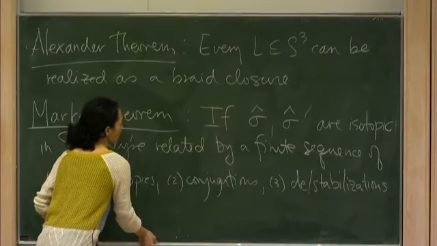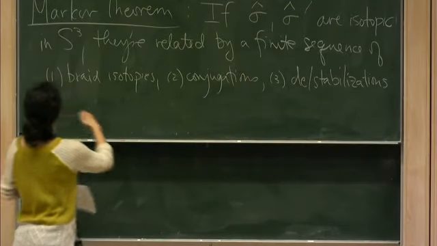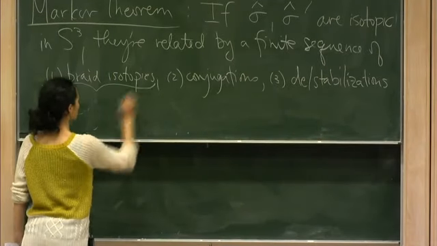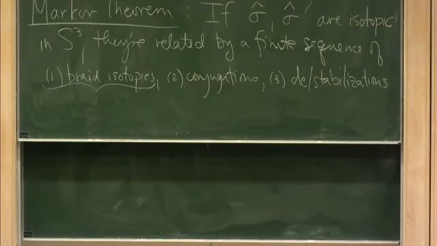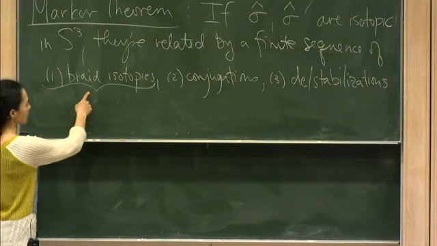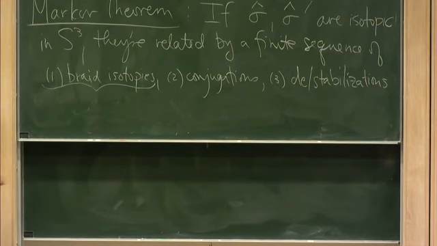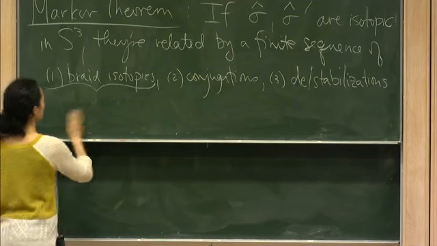And I just want to point out here, there's sort of a, well, not just sort of, but there is sort of a partitioning of the kinds of isotopies in S3 we're considering. So these braid isotopies are really isotopies rel boundary in the disk cross I. So these are braid-like.